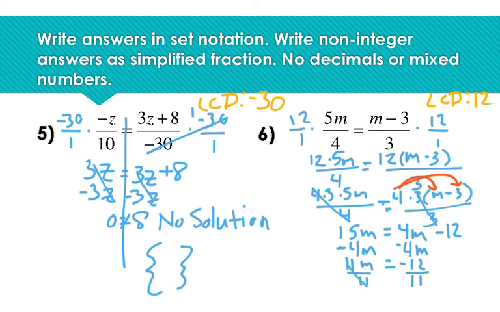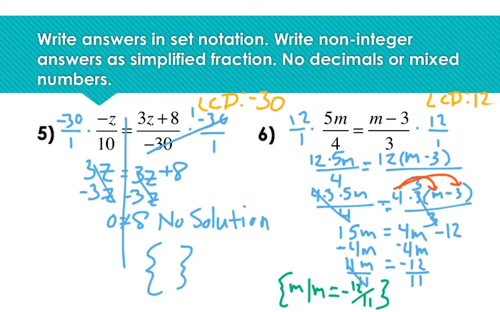So m is negative 12 over 11. Writing it in set notation, we have the set m such that m equals negative 12 elevenths. And that's it.